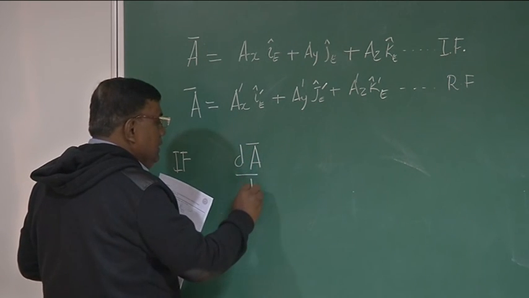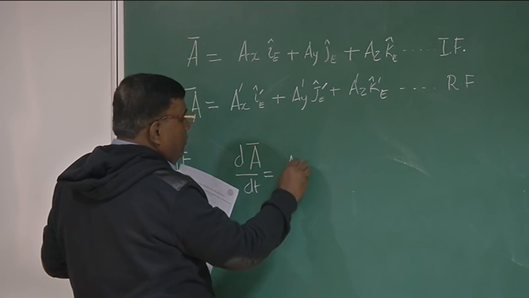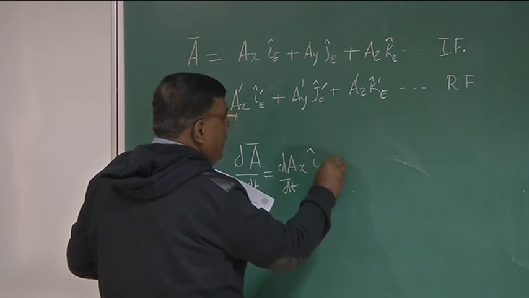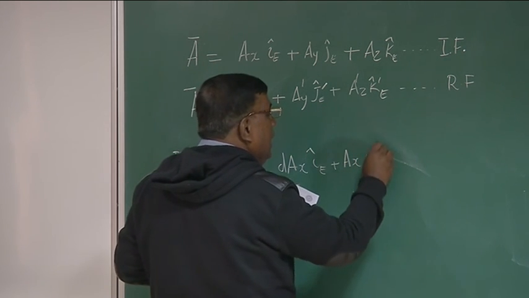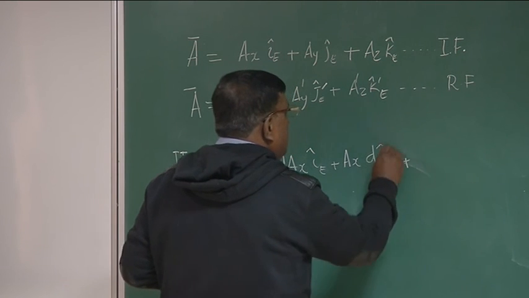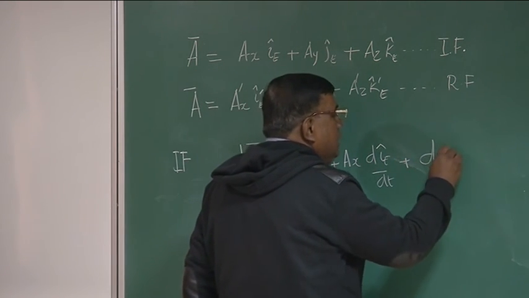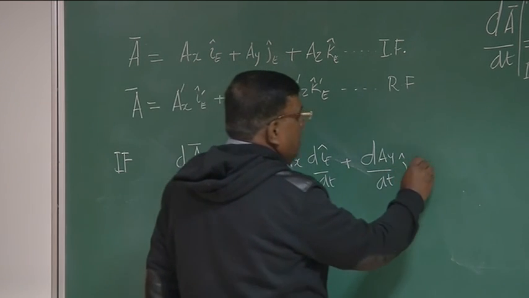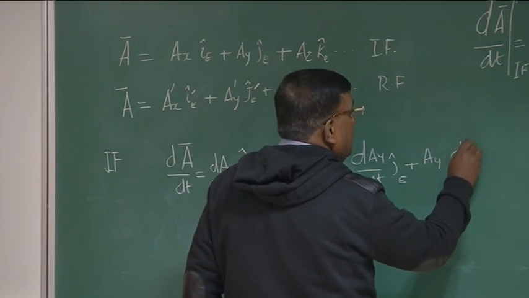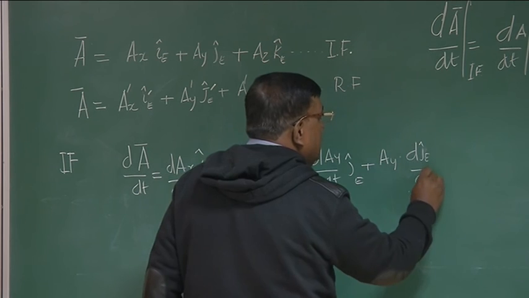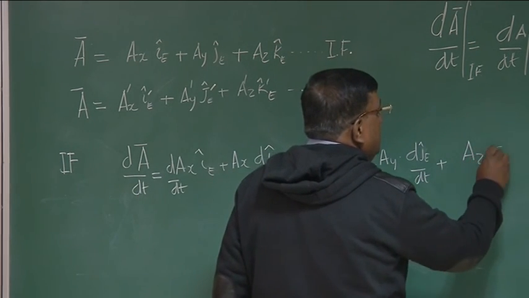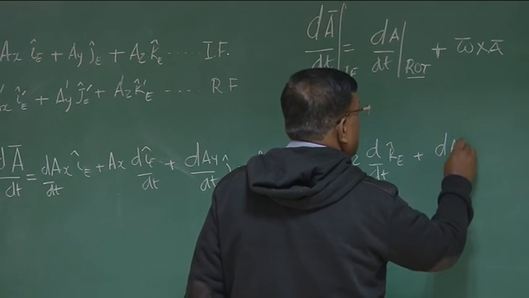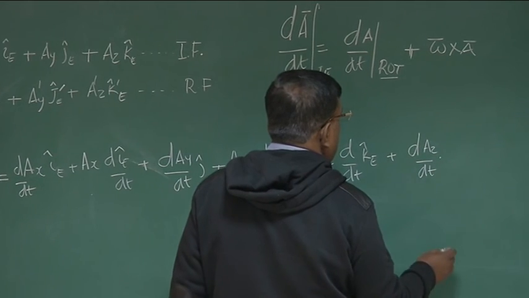So dA/dt, in general, if I write it mechanically by the vector definition, will be dAx/dt into iE plus Ax d(iE)/dt. Similarly, the second term will be dAy/dt into jE plus Ay d(jE)/dt, plus similarly Az d(kE)/dt plus dAz/dt into kE.